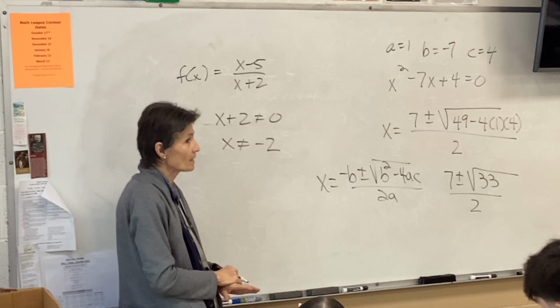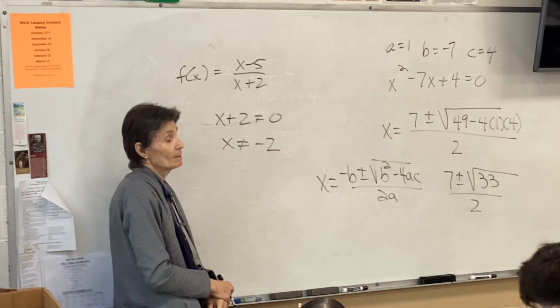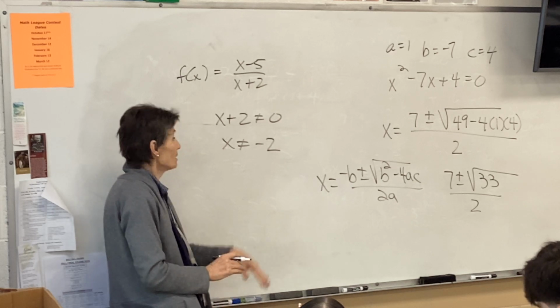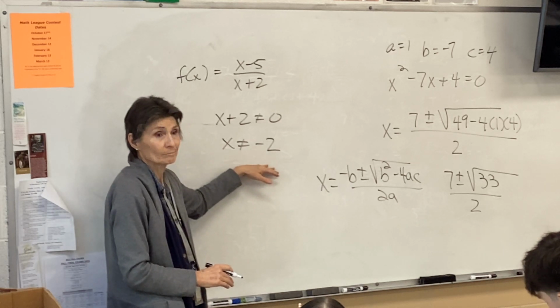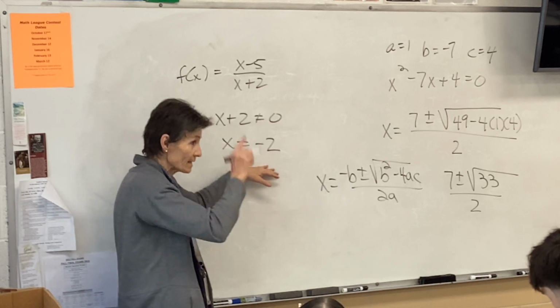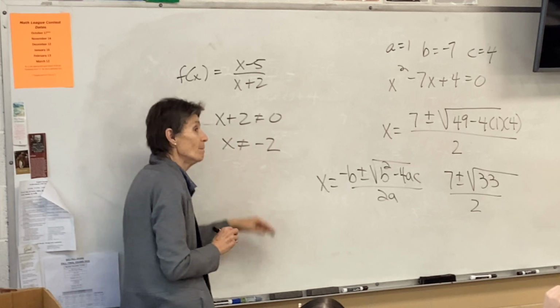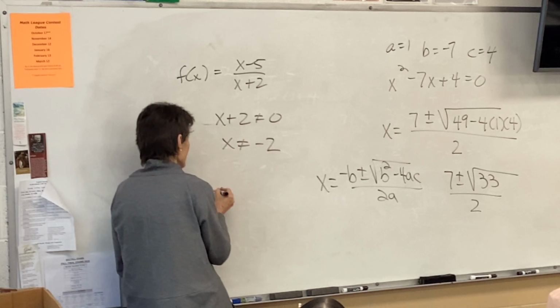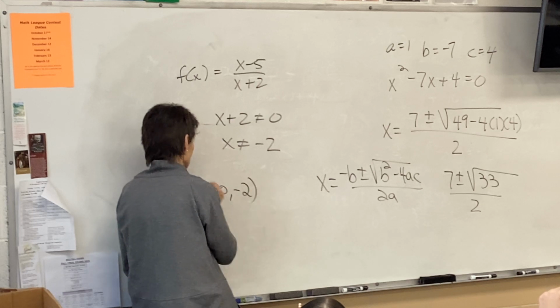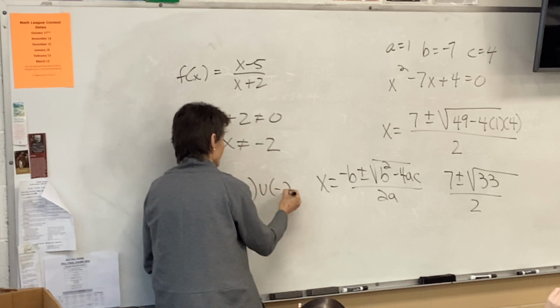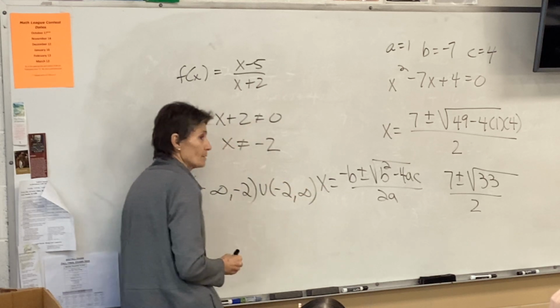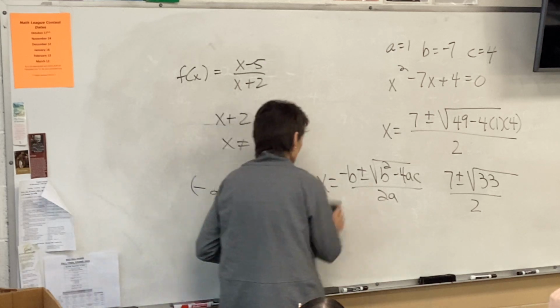Again, I need you to think about this in terms of multiple choice. It might say that. If so, choose that answer and move on. But it might also say this. That is interval notation.